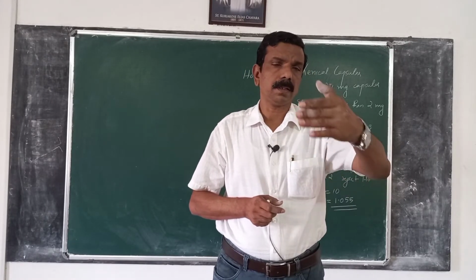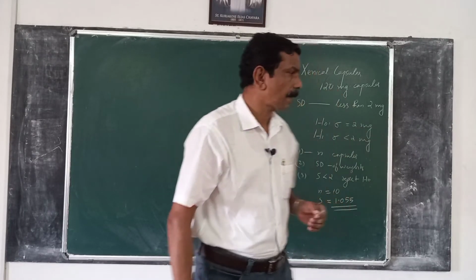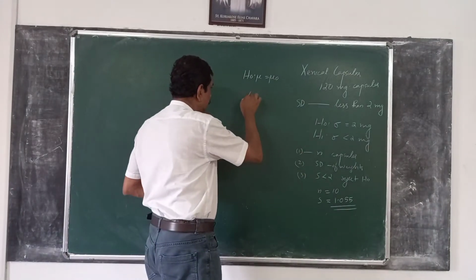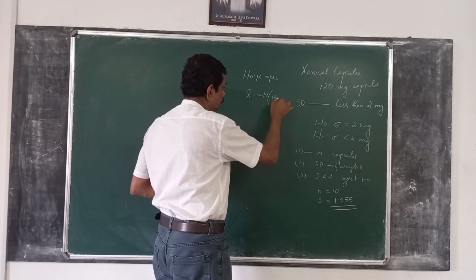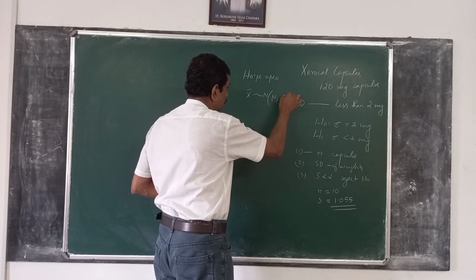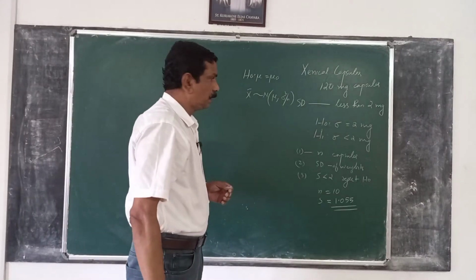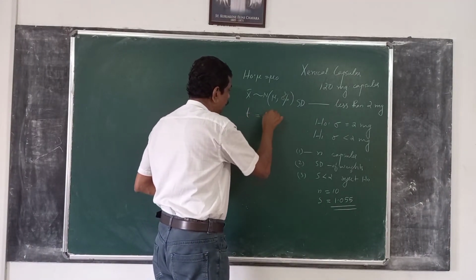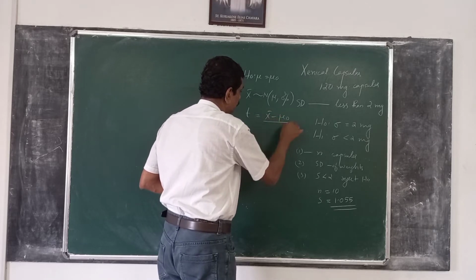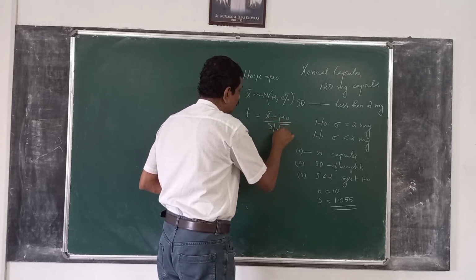And in that context, it was assumed that x bar is normally distributed with the same mean mu and variance of sigma square by n. And so that t was equal to x bar minus mu 0 by s by root n.